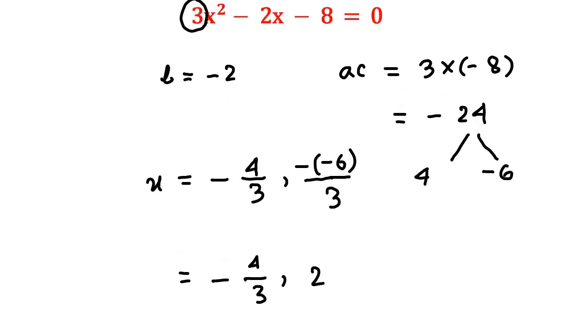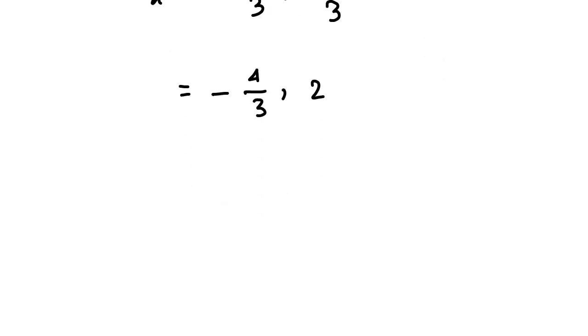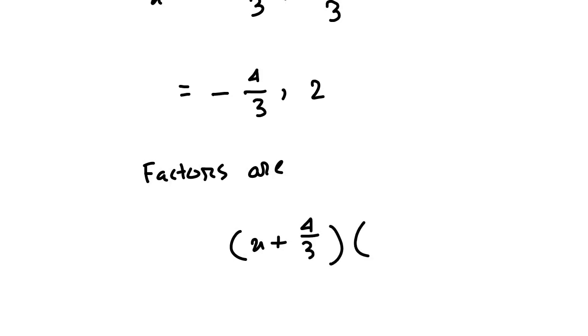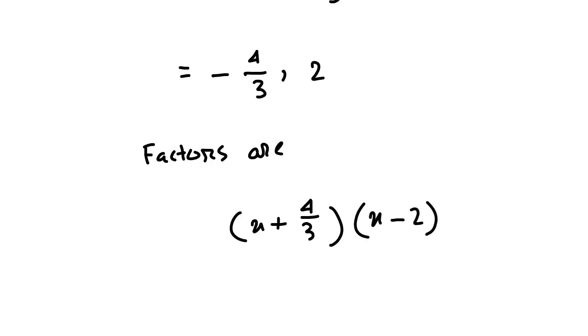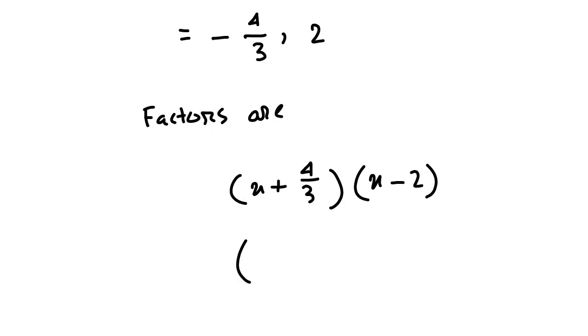We can write these solutions in factor form. So the factors are x plus 4 by 3 times x minus 2, or we can simplify: 3x plus 4 times x minus 2.